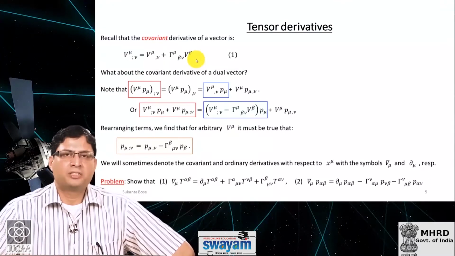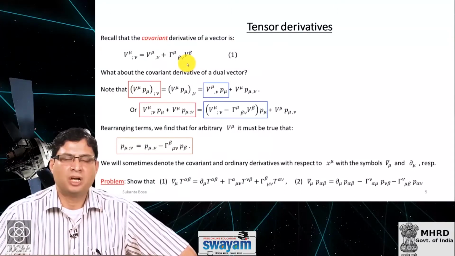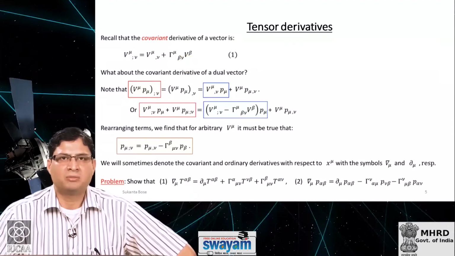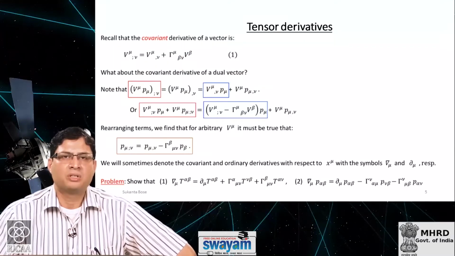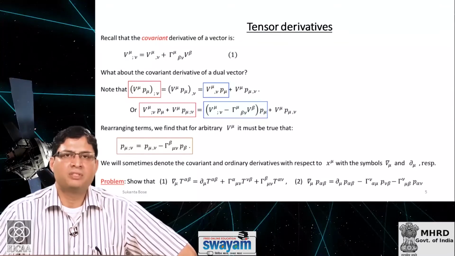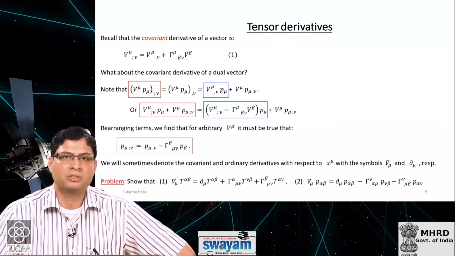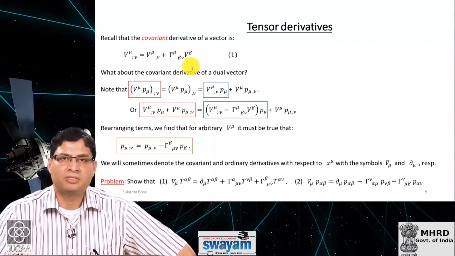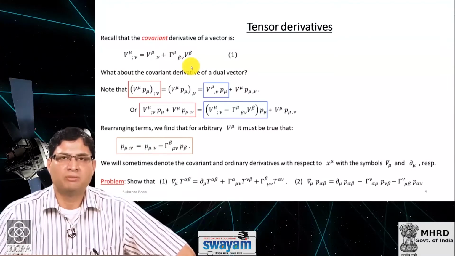But in lecture 1 we studied another kind of object, which is still a rank 1 tensor, but not a 4 spacetime vector. That was a 4 spacetime dual vector, and there are real physical quantities which don't behave like vectors under coordinate transformation. For example, under Lorentz transformation, the gradient of a scalar field was introduced as one example of a dual vector.